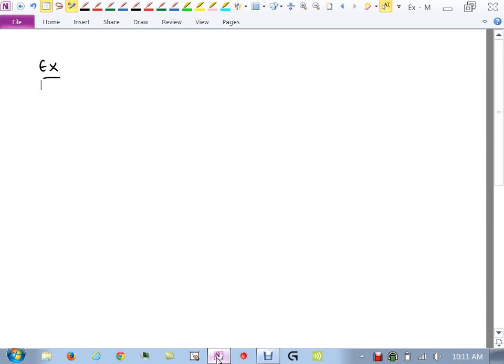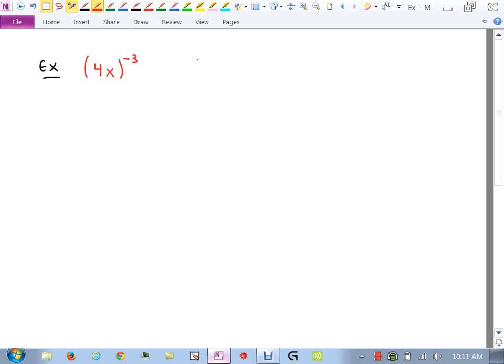Some subtle differences in the way things are written. Actually, I might do 4 examples side by side. Yeah, let's do this. Okay, let's look at this one. How about 4x to the negative 3.